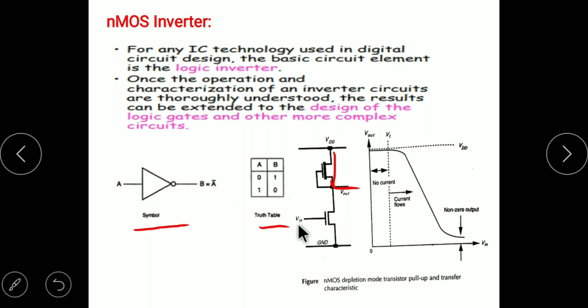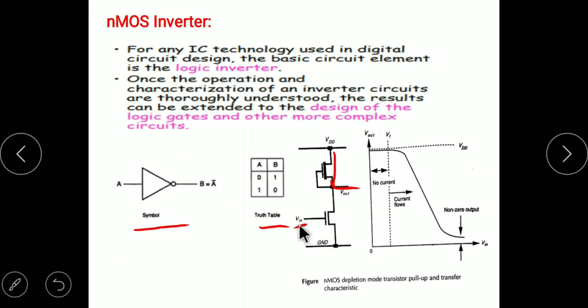And this is the input, where you are going to apply the input. If the input, or the gate input of this enhancement mode MOSFET, is equal to 0, then this transistor becomes off, meaning open circuited. Then VDD is directly connected to the output, hence you get high logic.